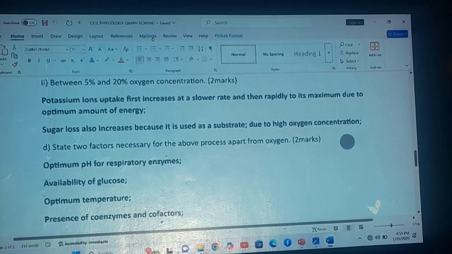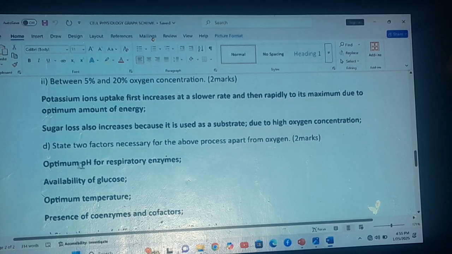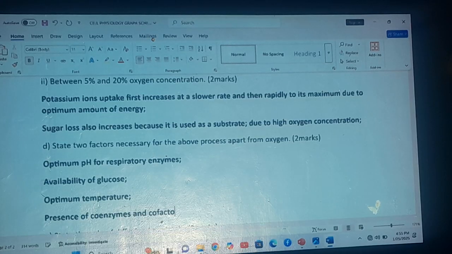So: optimum pH for the respiratory enzymes, availability of glucose, that is the substrate, optimum temperature, then presence of coenzymes and cofactors, though that will not be too necessary at this point.